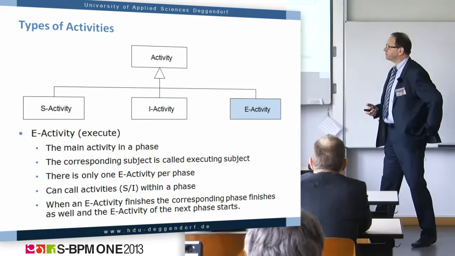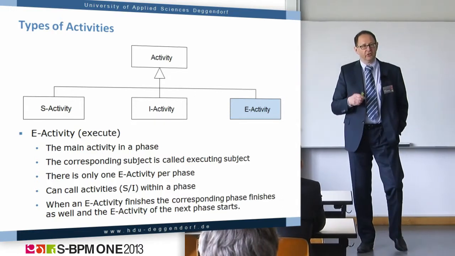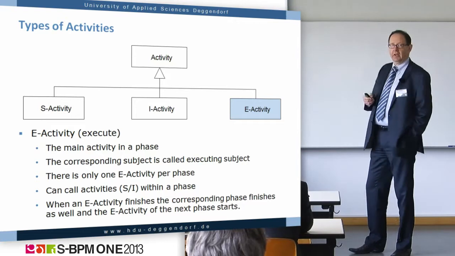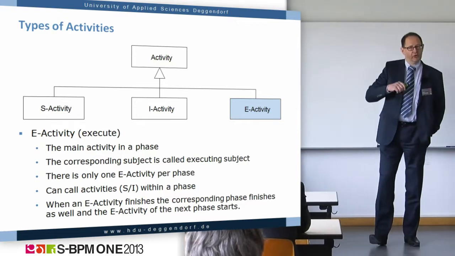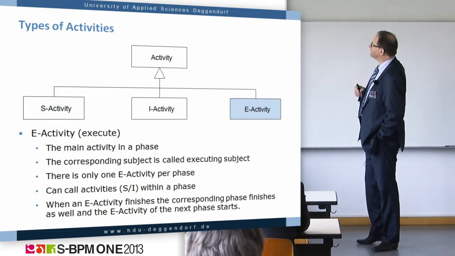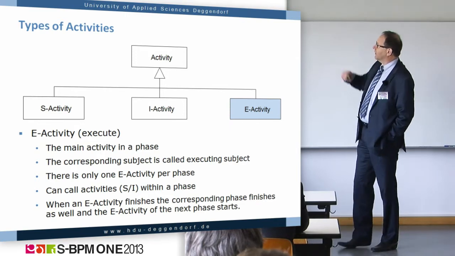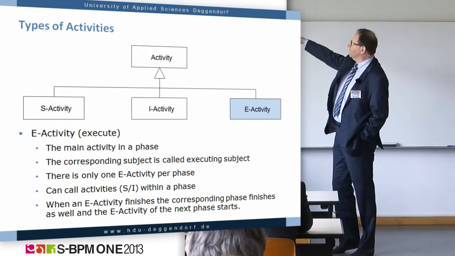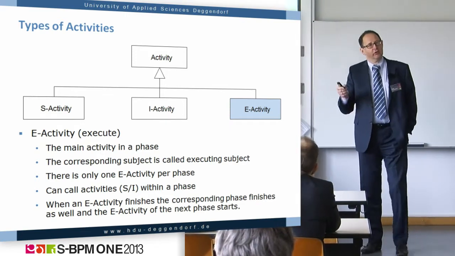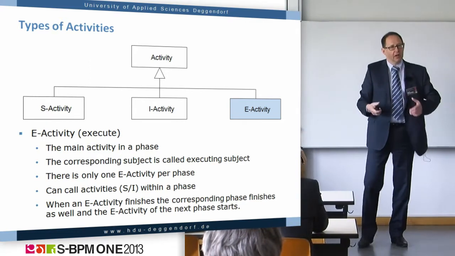Okay, so there is another interesting distinction here. Activities may be of 3 different types. This is quite important. So we have S activities, I activities, E activities, which means E is execution, I is information, and S is support. So they are just of different importance, I would say.